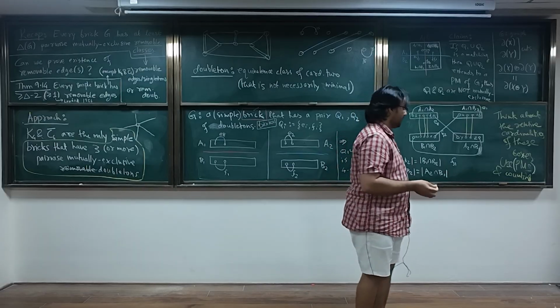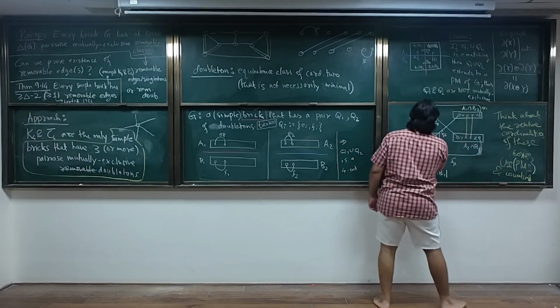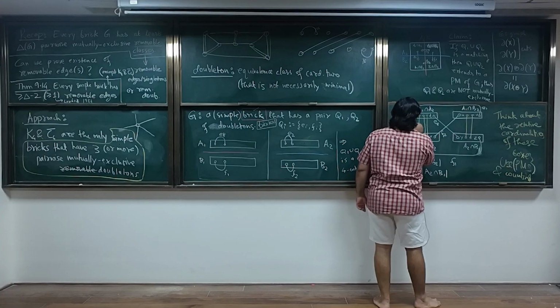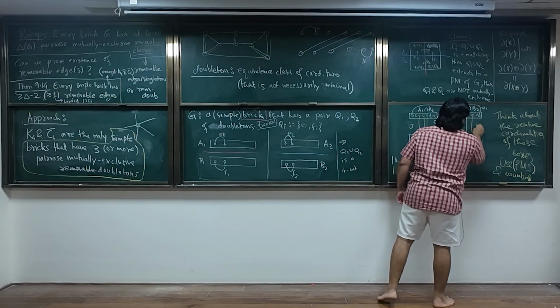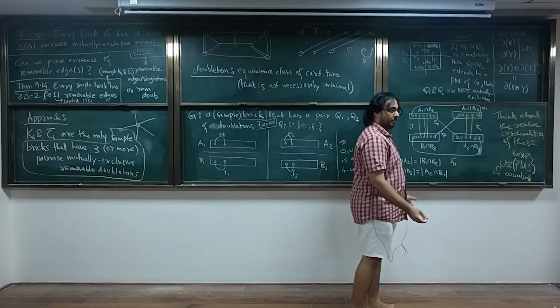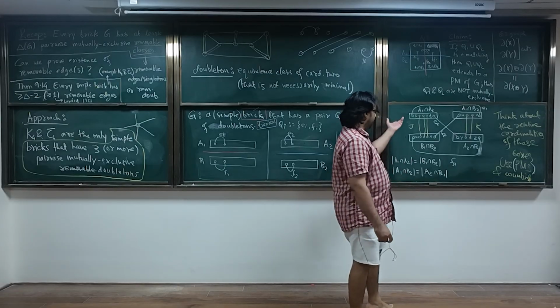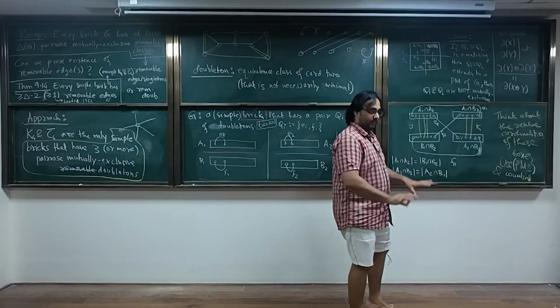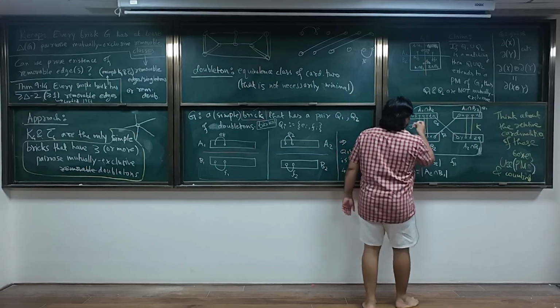You see my point? Let me just write down. Supposing this is my J and this is my K. These are the 2 components after deleting Q1 and Q2. It's a bond, not only a 4 cut. So anyways, that's not the point.